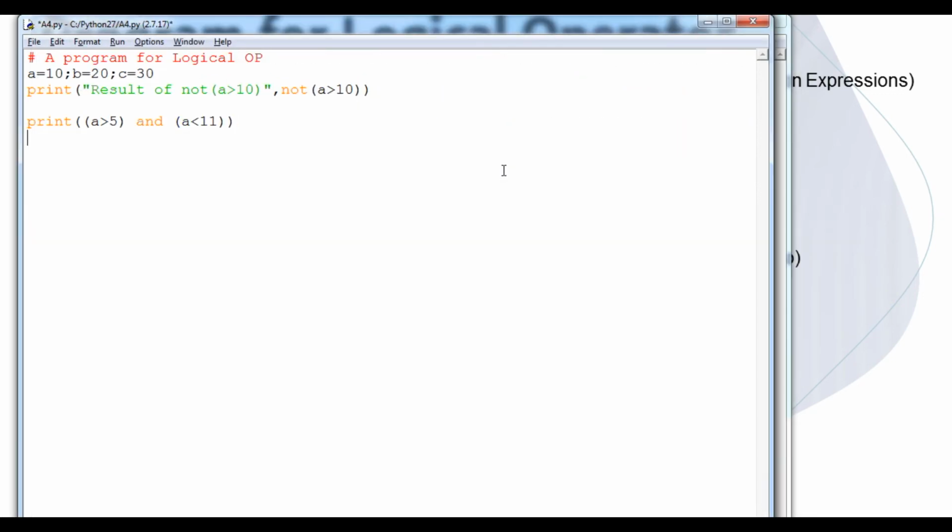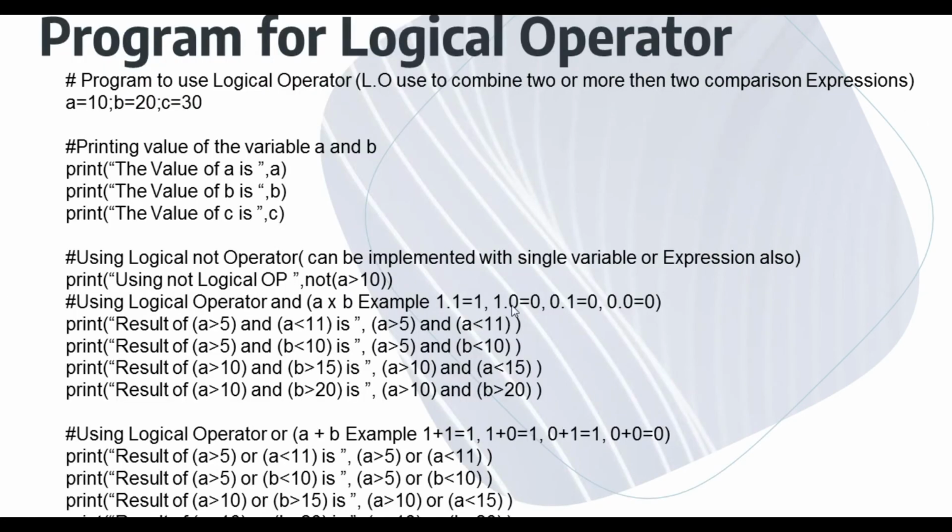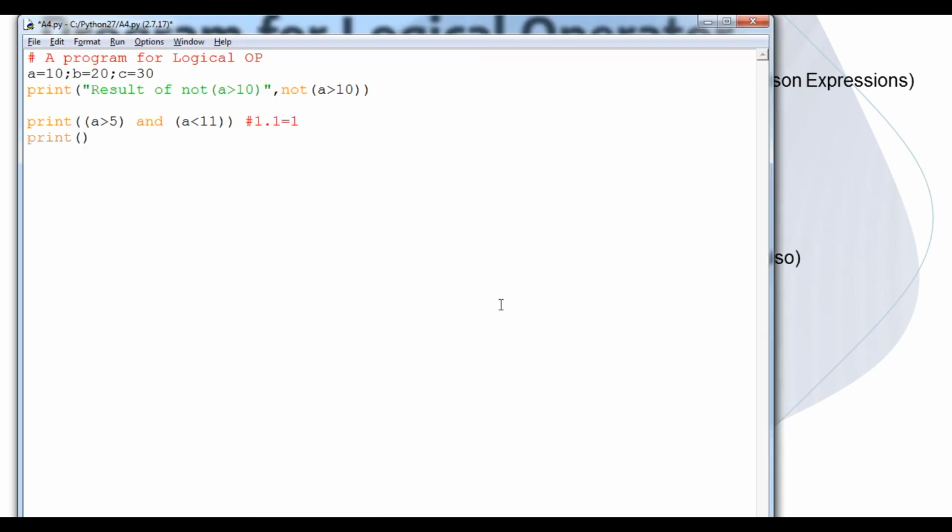Okay, now next, this confirms that 1 into 1 equals 1. Next, I will print the next operation, that is 1 and 0. That means the first condition will be true, a greater than 5, and here a bigger than 10, which means it is false.